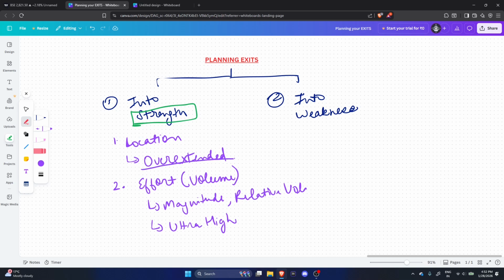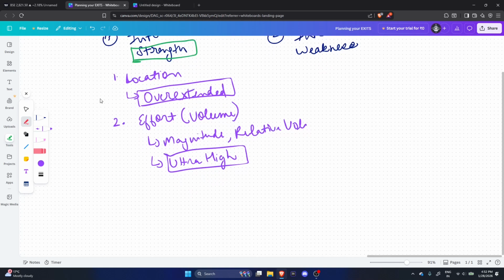So overextended market, ultra high volume, and the third and last criteria for this is result, which in volume terms is basically price from high to low, or vice versa, it's the same thing.